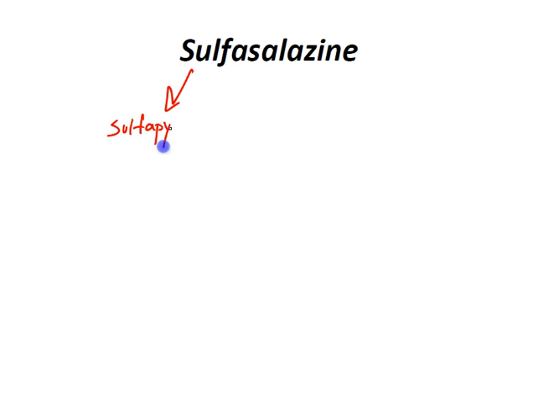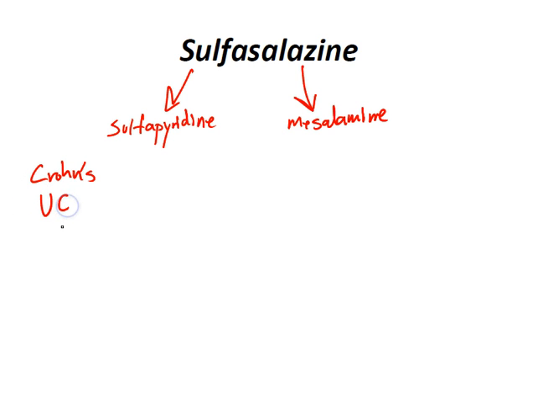Sulfapyridine and mesalamine. These are the two things that are yielded when colonic bacteria break it up. You use this guy to treat what? Crohn's, ulcerative colitis, as well as RA.